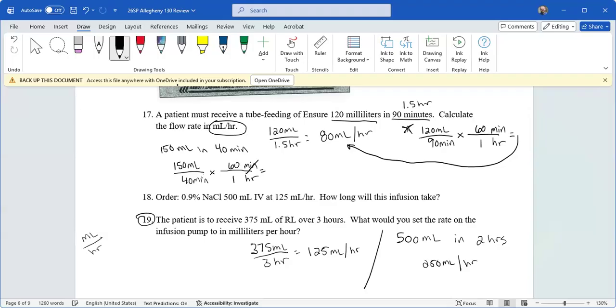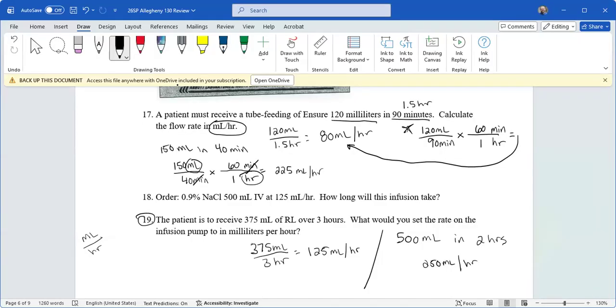We know we've done everything right because we're in the units we want to be in before we do any kind of math. 150 times 60, I think it comes out to 9,000, divided by 40 is 225 mL per hour.